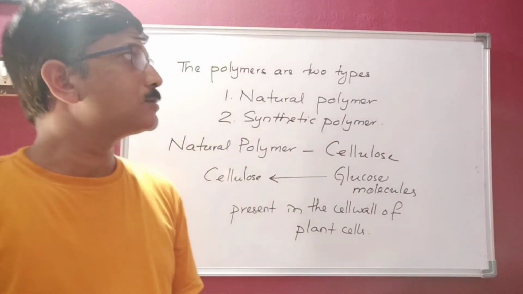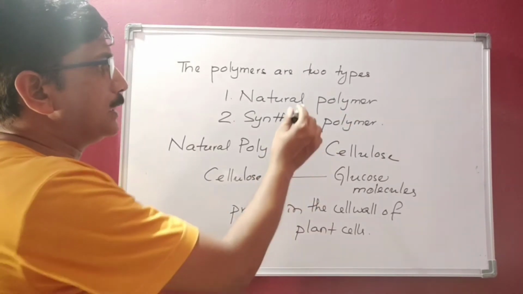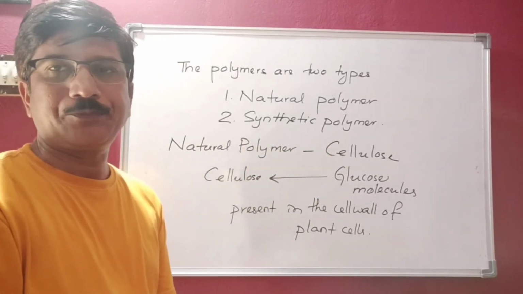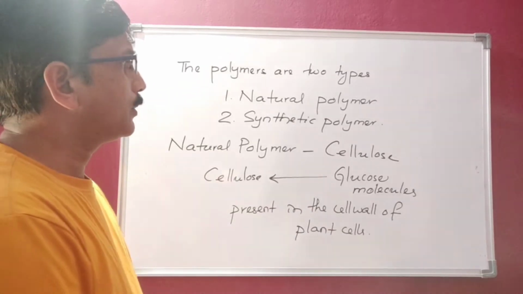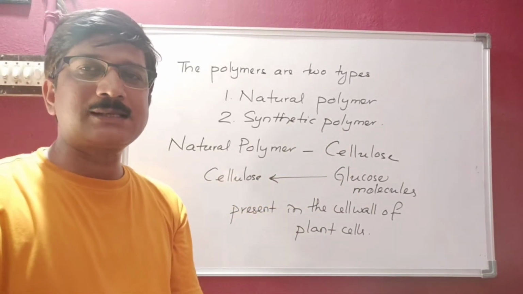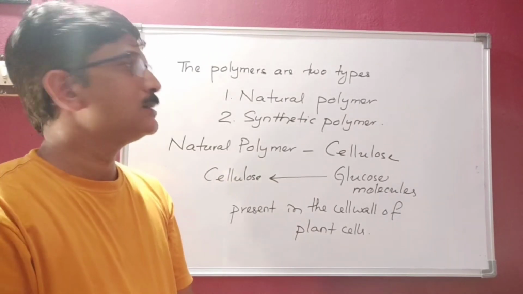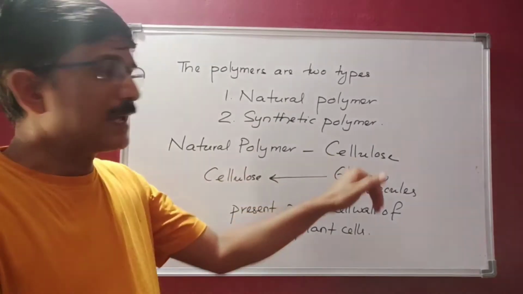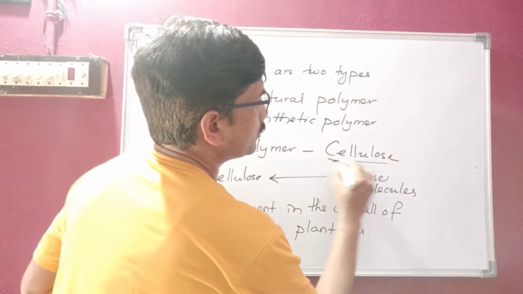Polymers are of two types: natural polymer and synthetic polymer. The polymer which is obtained from nature is called natural polymer, and the polymers which are synthesized in industries by chemical processes are called synthetic polymers. The most common example of a natural polymer is cellulose.